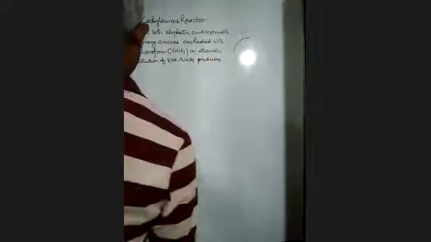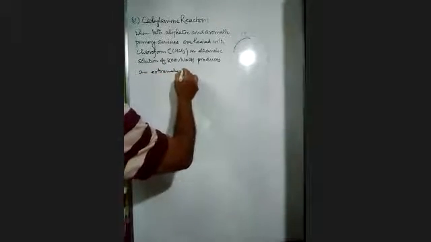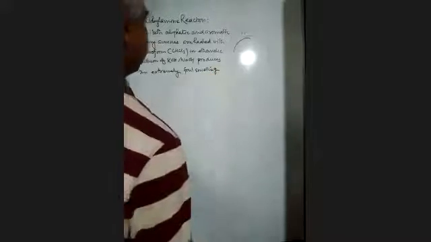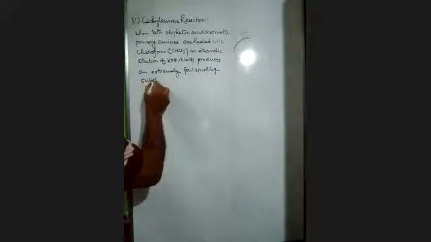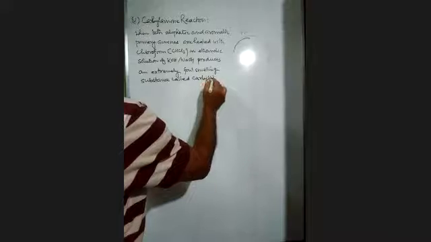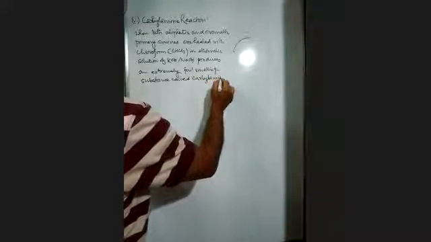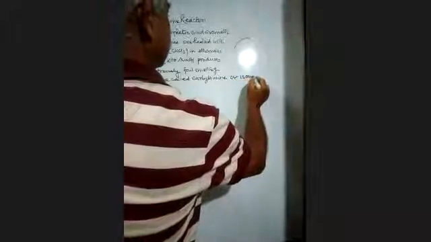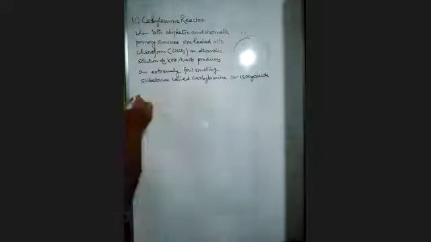it produces an extremely foul smelling, very bad smelling substance called carbylamine or isocyanide or isonitrile.